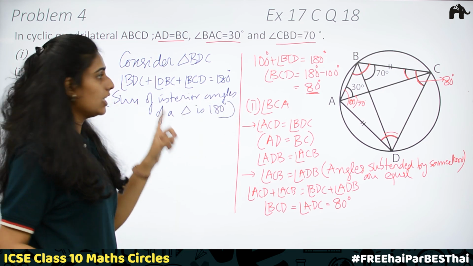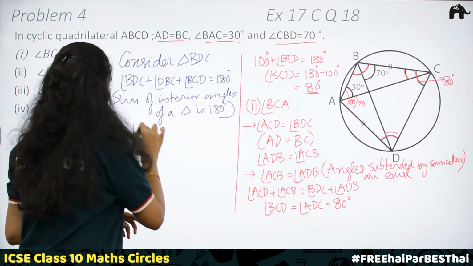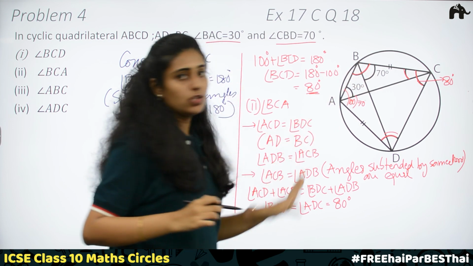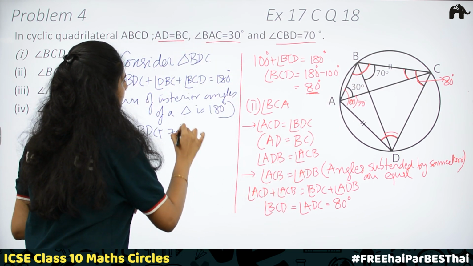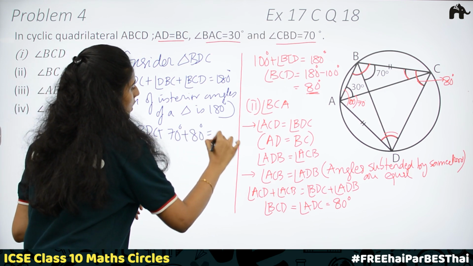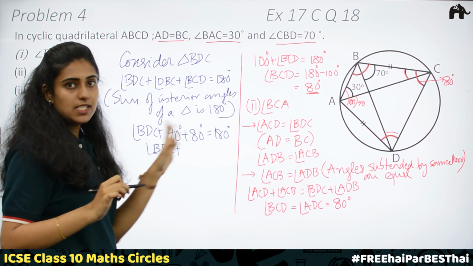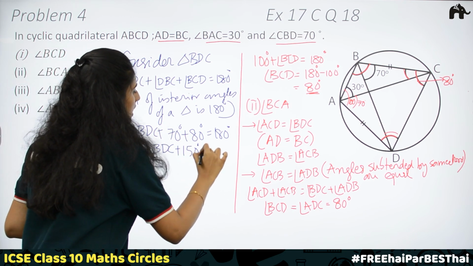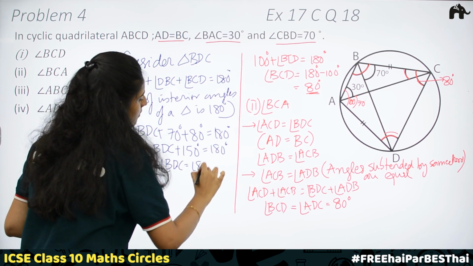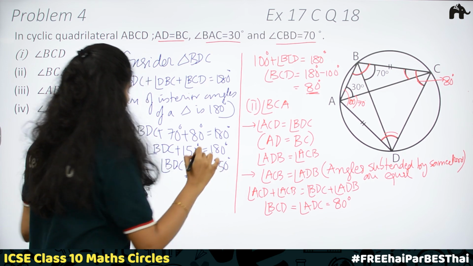Okay. Now put the values. We have to find angle BDC plus DBC. DBC is given in the question, which is 70 degrees, and BCD we have determined is 80 degrees, equal to 180 degrees. Therefore, angle BDC plus 70 plus 80, we get 150 degrees, equal to 180 degrees, and angle BDC is equal to 180 degrees minus 150 degrees, which is equal to 30 degrees.